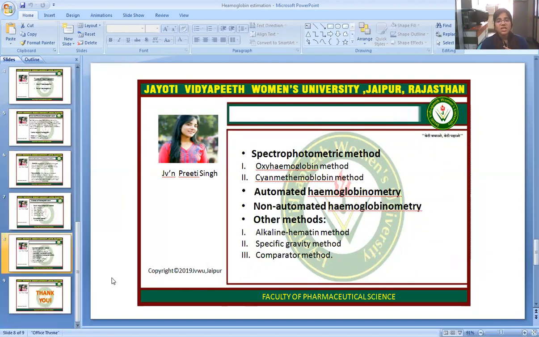So all of these methods are also considered in hemoglobin estimation.